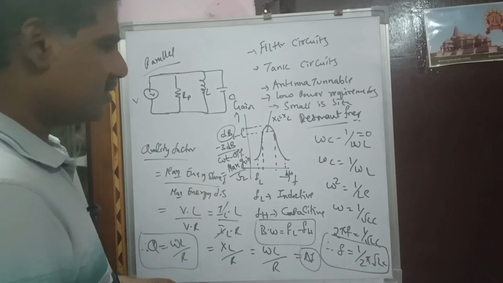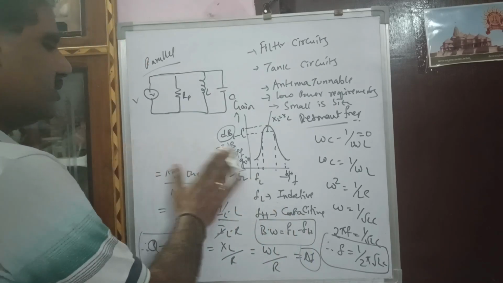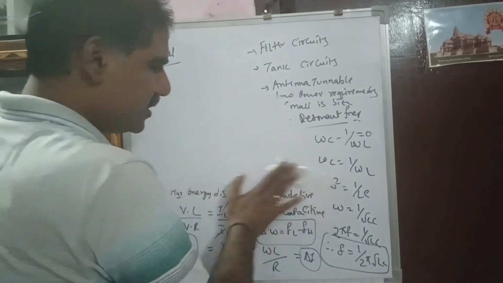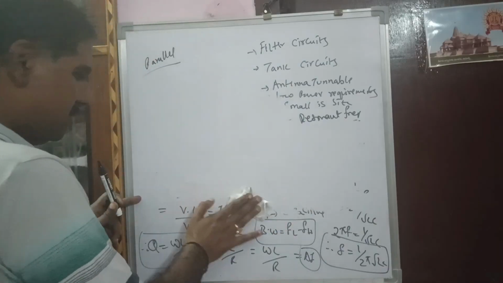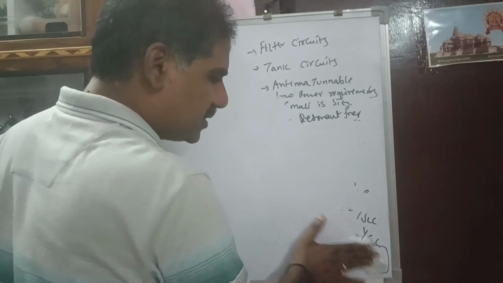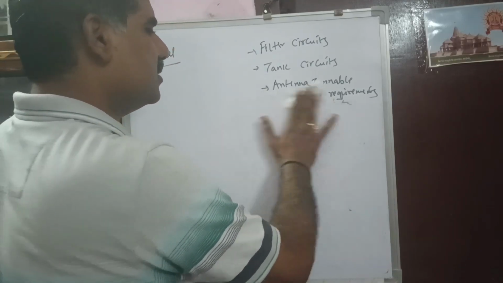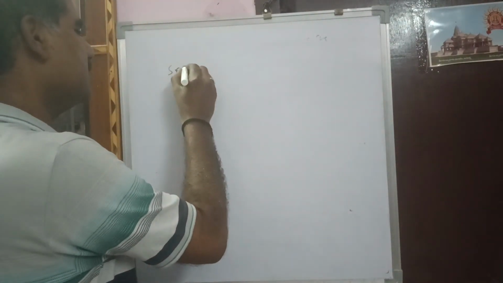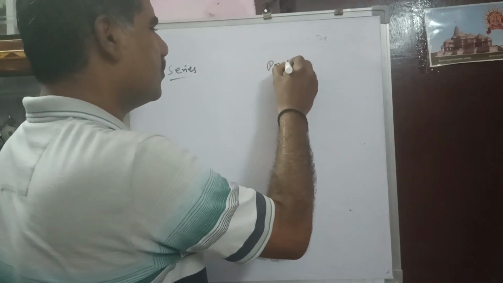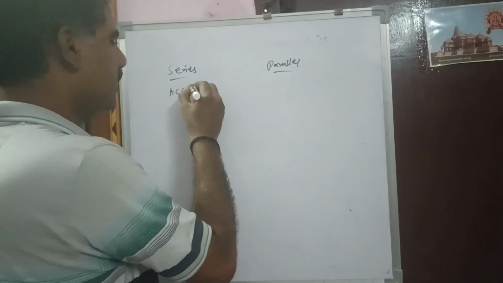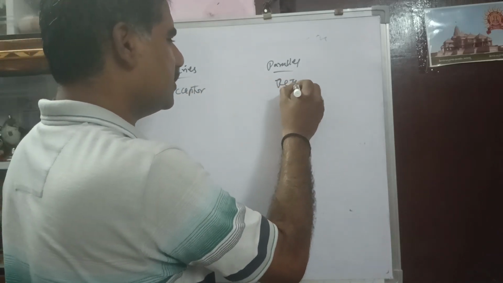Okay, this is about series as well as parallel resonant circuits. In the LCR series and LCR parallel, the frequencies are the same, whereas the quality factors are different, while the bandwidths are the same. That's about series and parallel resonant circuits. You can write the differences between series and parallel. The series acts as an acceptor circuit; the parallel acts as a rejector circuit.